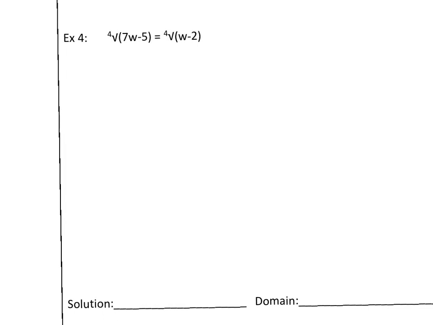And then down here, I've got a fourth root. It's also even, right? How would I cancel out a fourth root? To the fourth power. So can't I do that on both sides? This is going to cancel and give me 7w minus 5 equals w minus.